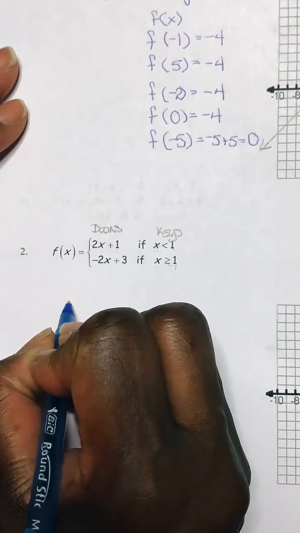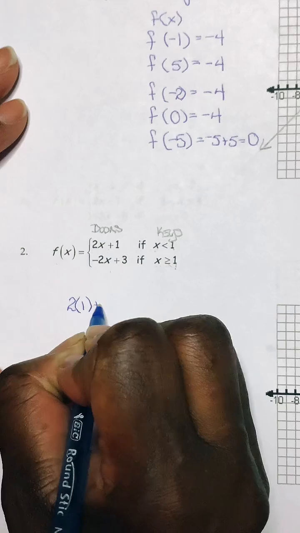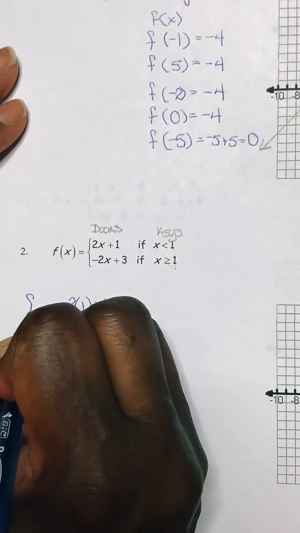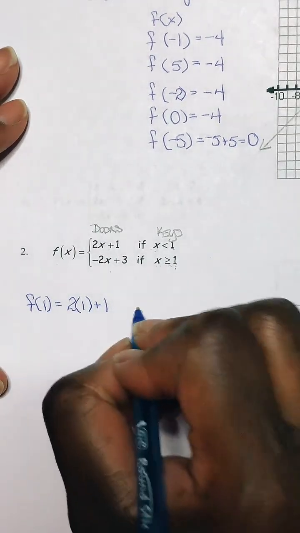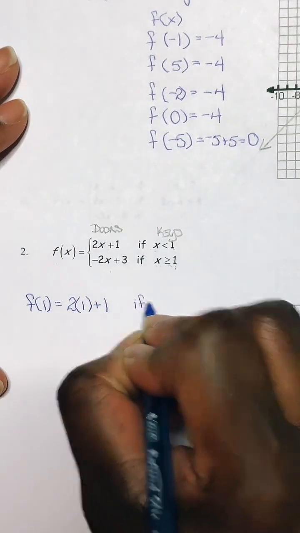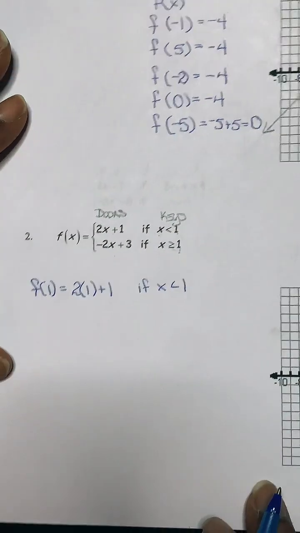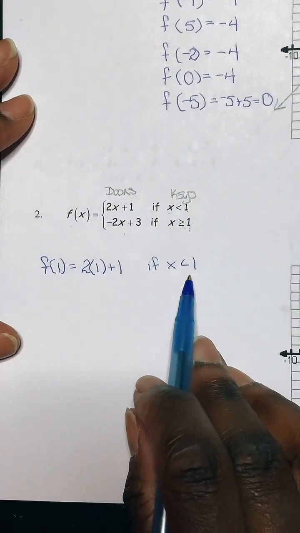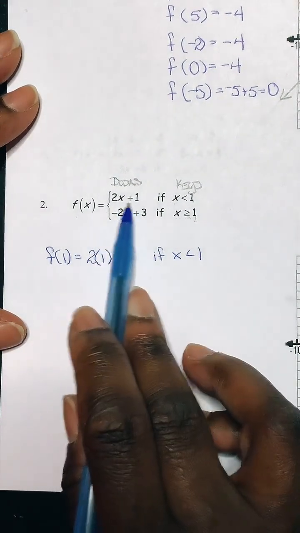This is for the first one. I'm gonna plug in the 1 for the x, so I'm doing the f of 1. This is for when x is less than 1. So I'm going to plug in what my boundary line would be in for the x in the expression.